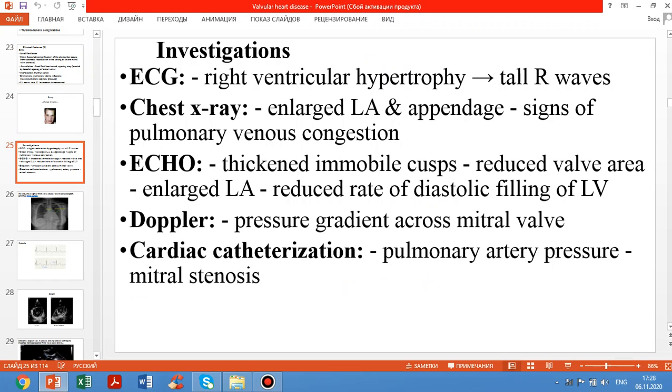Echocardiography: thickened immobile cusps, reduced valve area, enlarged left atrium, reduced rate of diastolic filling of the left ventricle. Doppler shows pressure gradient across the mitral valve. Cardiac catheterization shows pulmonary artery pressure and mitral stenosis.